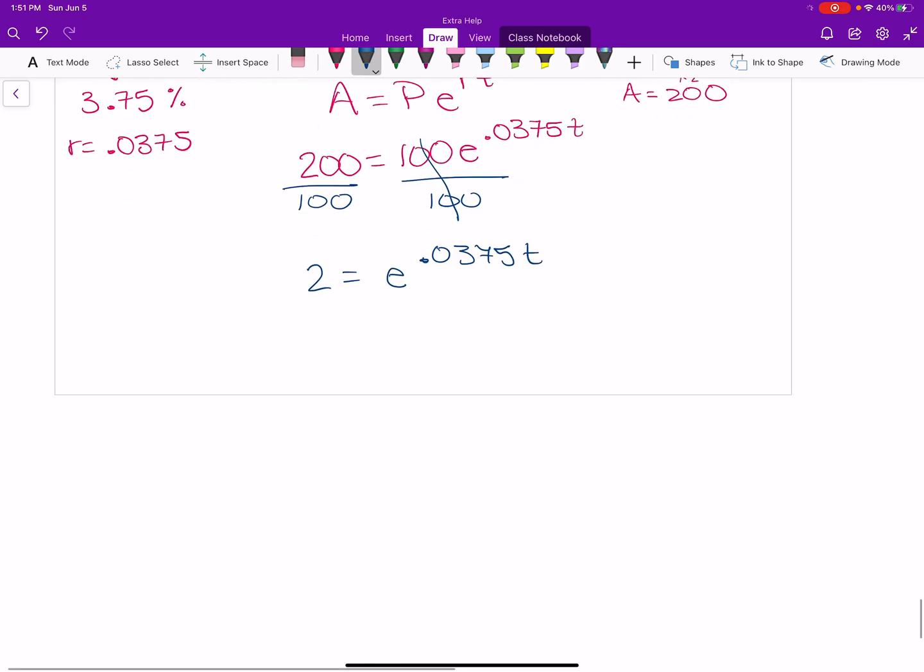From here, you have your two options. You can either convert this into log form with your base as e, or you can ln both sides.